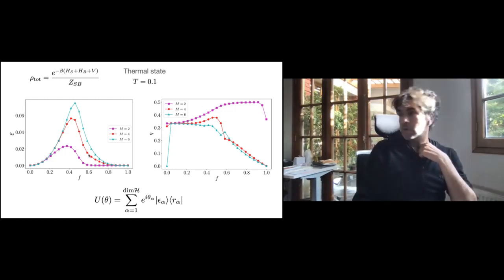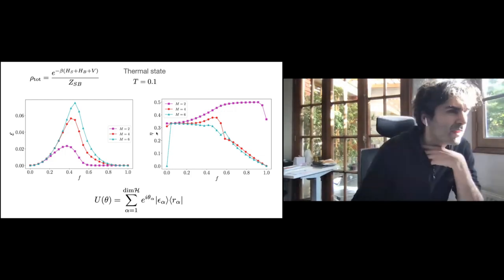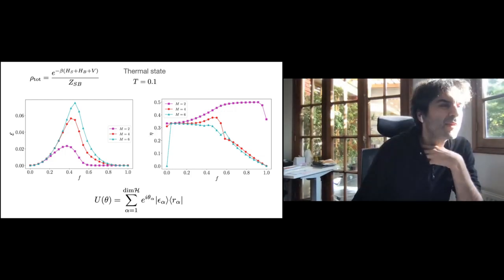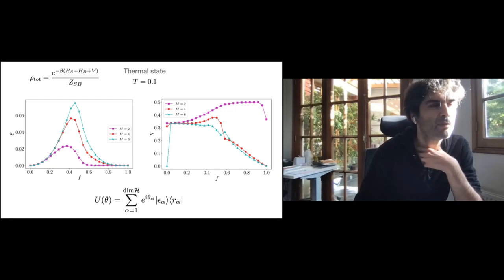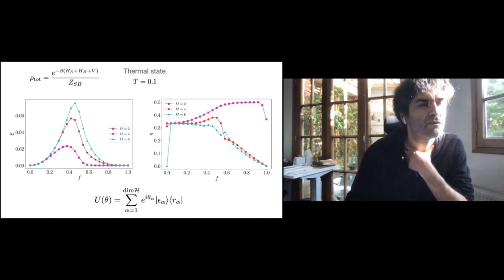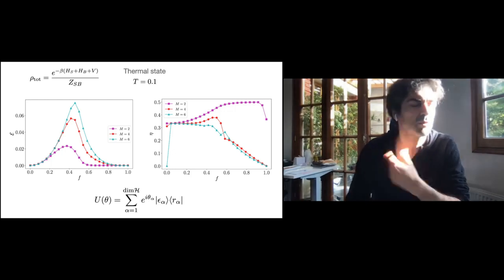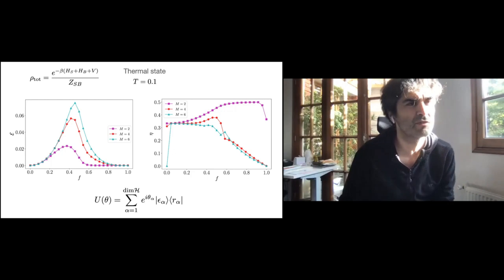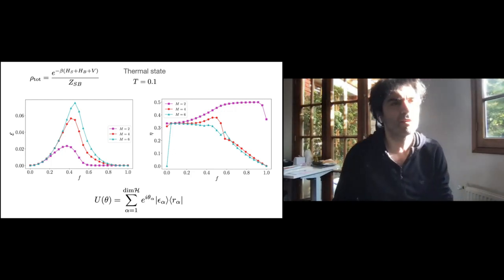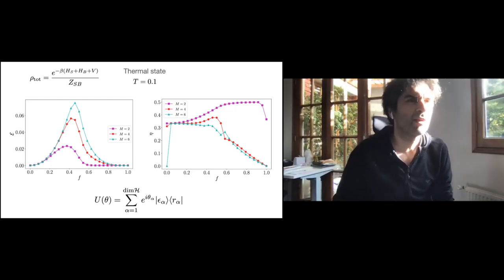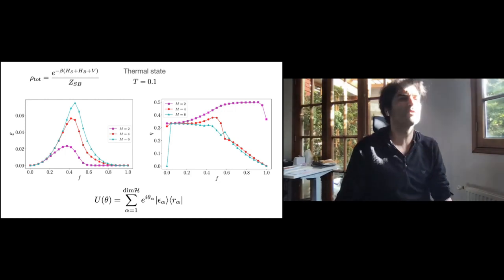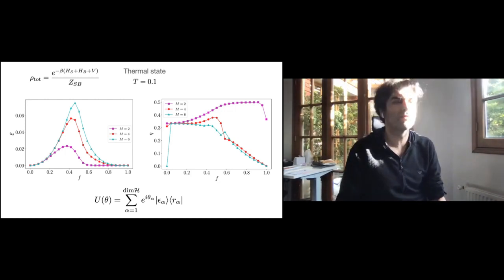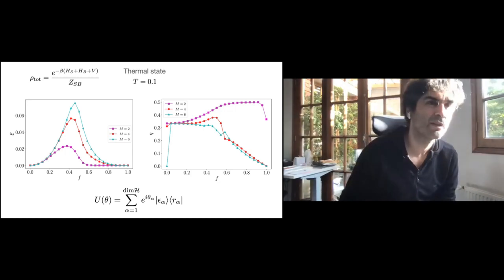As I said, the efficiency depends on the value of these phases theta. And here I plot the efficiency for the case which is already optimized. I will show next the non-optimized efficiency, but here it is already optimized. So for the M equal 2 battery, we have a quite large value of 0.5.